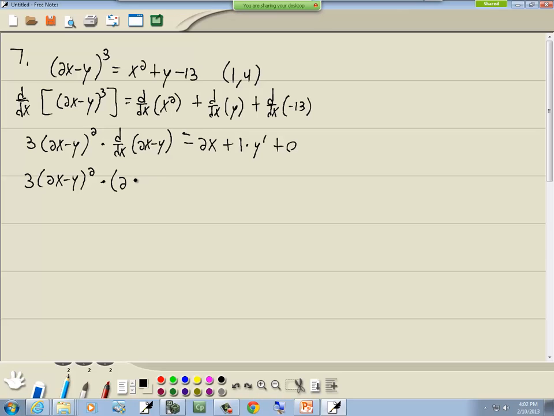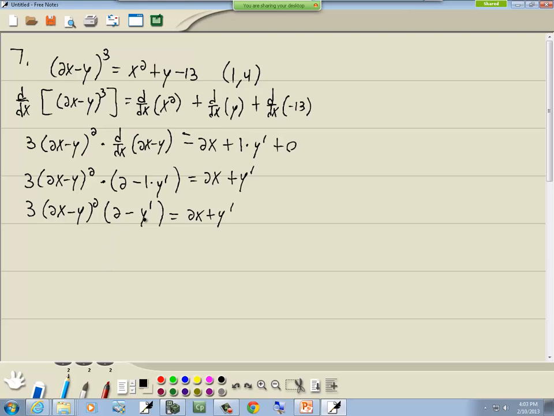The derivative of negative y is negative 1, but we have to add on our y prime. Equals 2x plus y prime. So we got 3 times (2x minus y) squared times (2 minus y prime) equals 2x plus y prime.